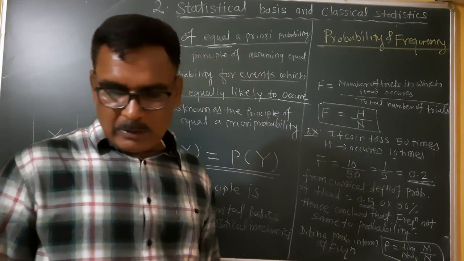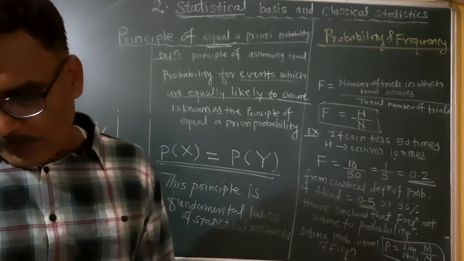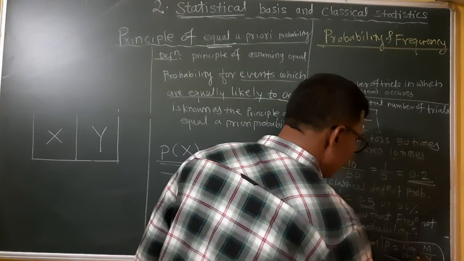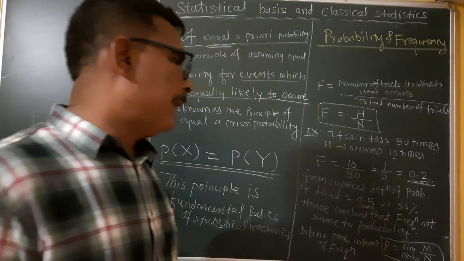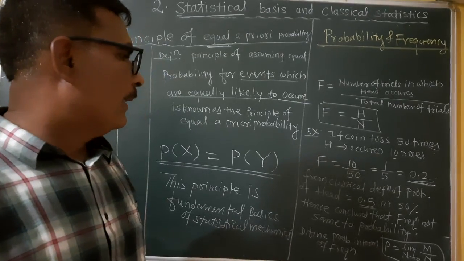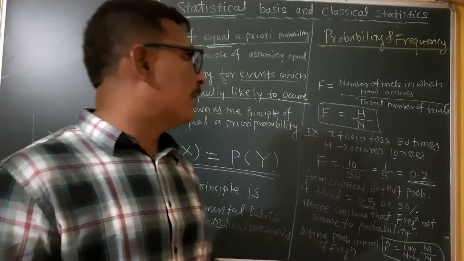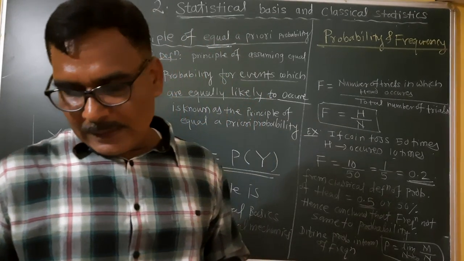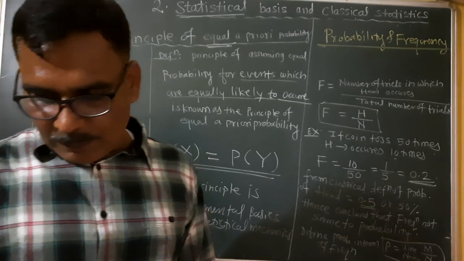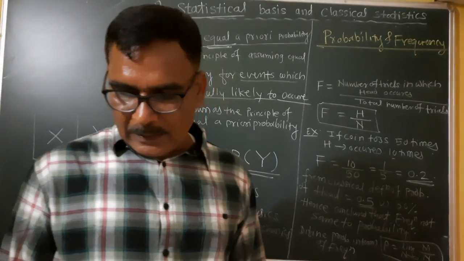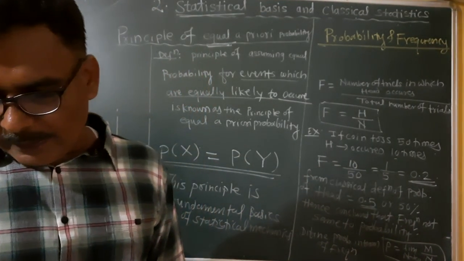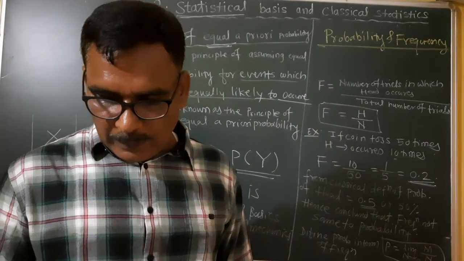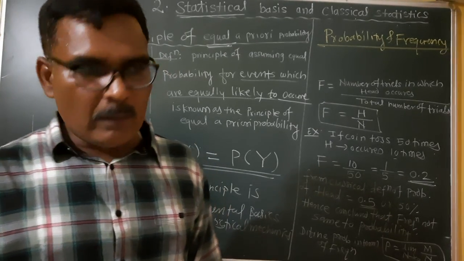The relation is P equals limit n tends to infinity, m by n, where m is the number of trials in which head occurs and n is the total number of trials. To get a sufficiently accurate result, trials must be conducted until the ratio m by n differs from one another by a very small value.